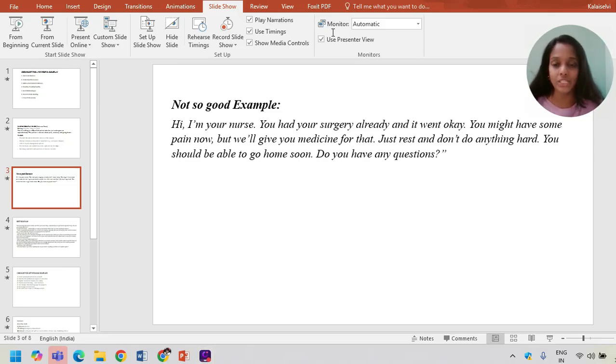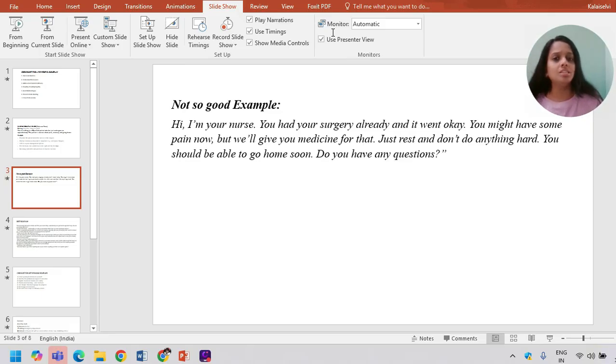Did you see what happened here? And what's wrong here? The tone is dull and rushed, lacking warmth or reassurance. And there is no empathy, or you're not trying to connect with the patient emotionally. Each point sounds like a bullet list being read out loud with no smooth flow. The patient is not at all engaged, right? No encouragement to share feelings or concerns.